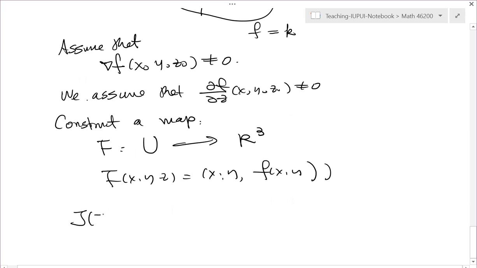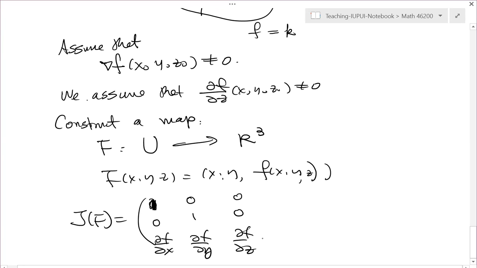By definition, the Jacobian is the partial derivatives of this, vertically. So it's going to be 1, 0, 0, then for f of x, differentiate with respect to y: 0, 1, 0, and differentiate with respect to z.